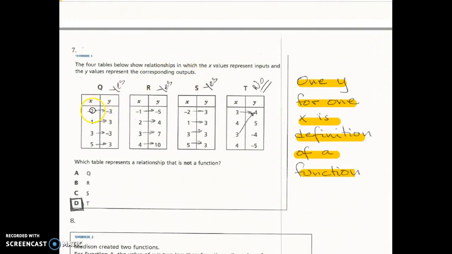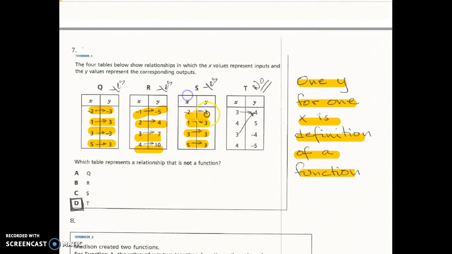So I can see -2 just maps to 3, 1 to 3, 3 to -3. That's fine because each x has one y. I don't have two x's that have the same y. Same here. -1, 2 to 4, 3 to 7, 4 to 10. That's all right.